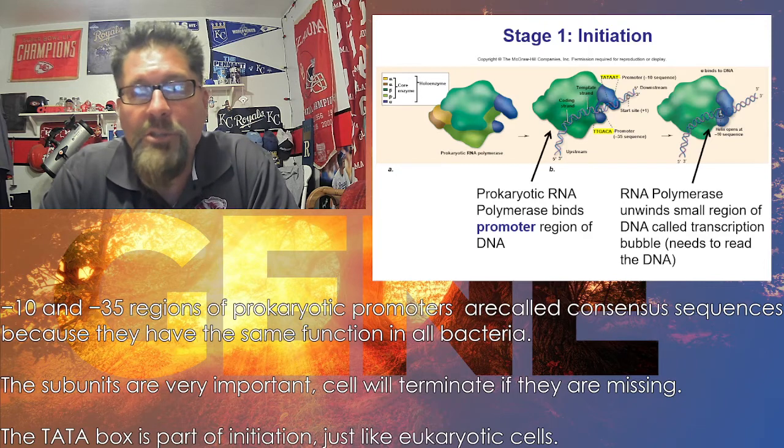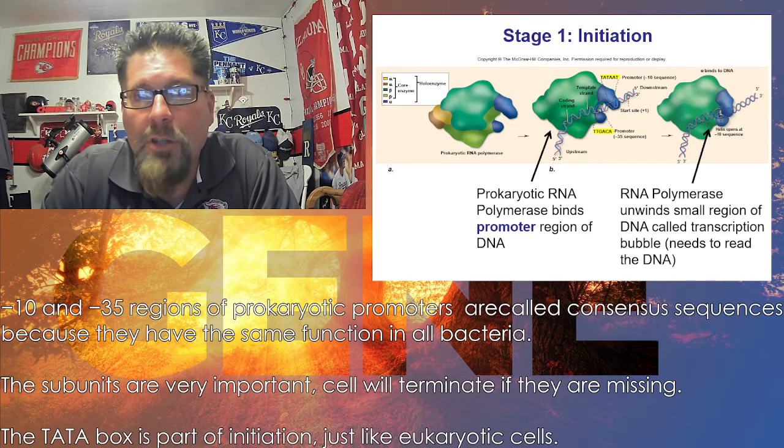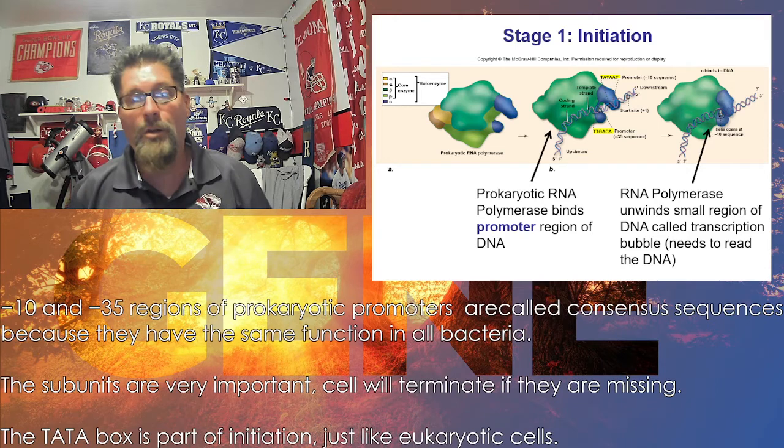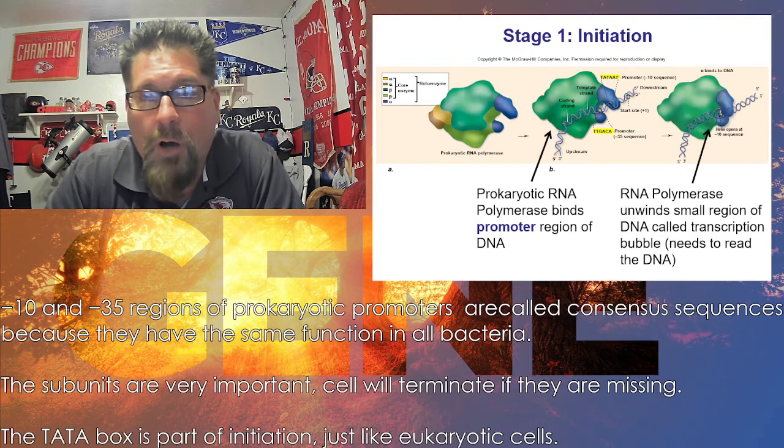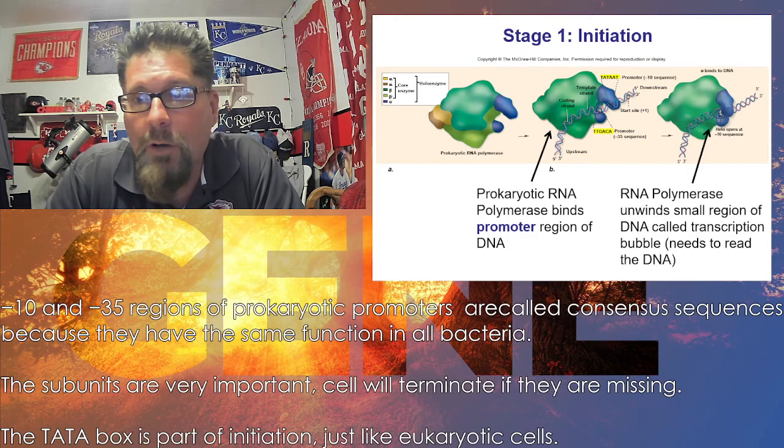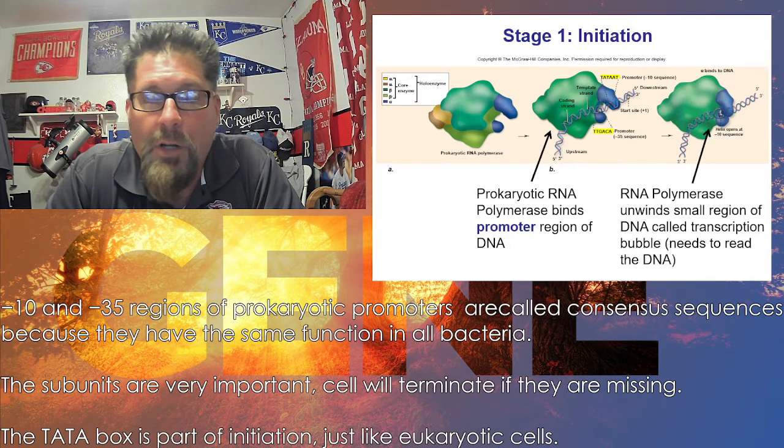Now, each of those subunits that we talked about, the alphas, the omegas, the betas, they're all very important. And if they're not present, then jobs can't be done, and something is wrong, a mutation has occurred or whatever, and now simply the cell will no longer reproduce RNA strands, and of course it will terminate.